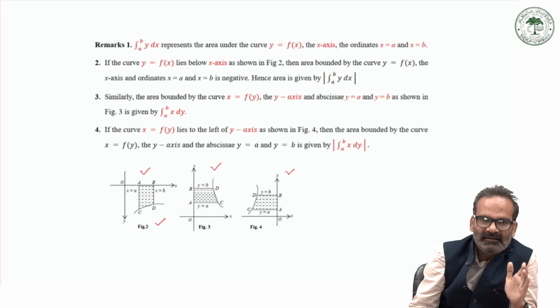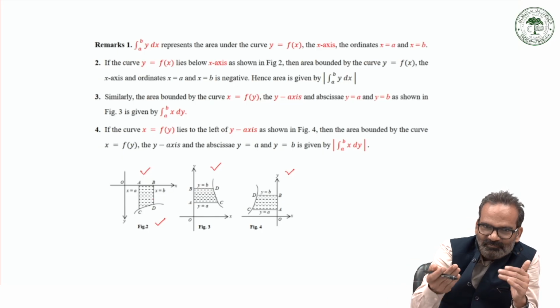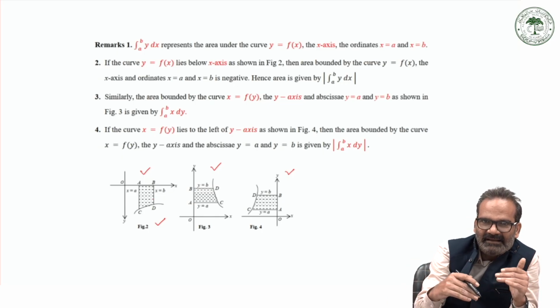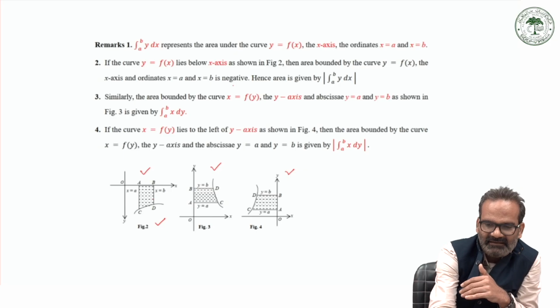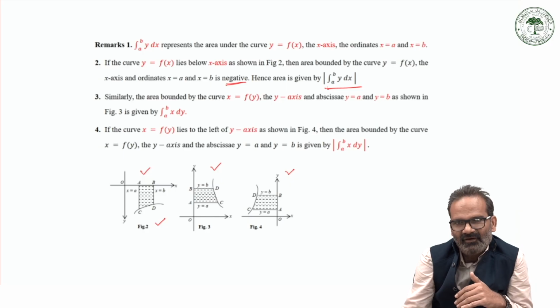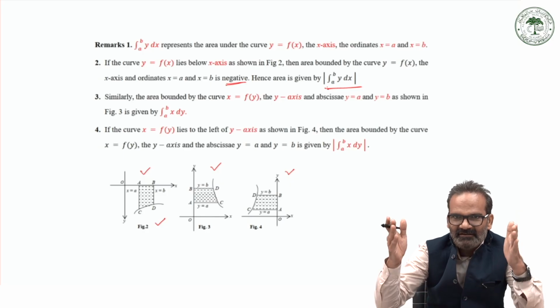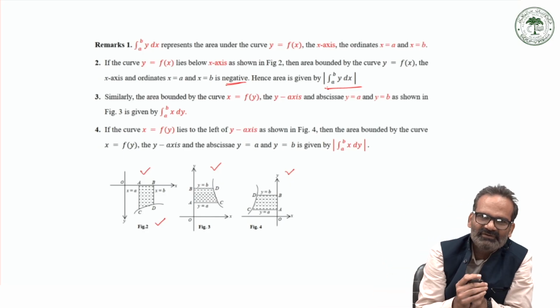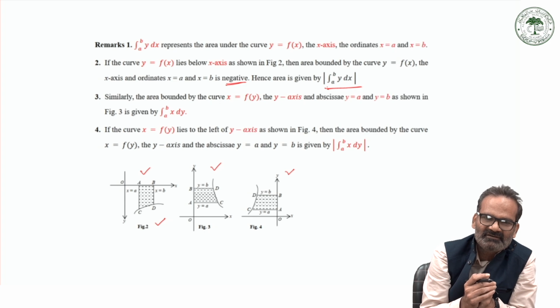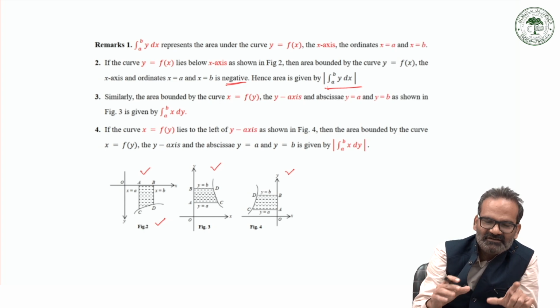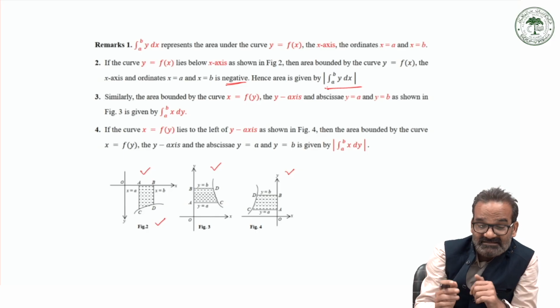Whenever the area lies below the x-axis, the area should be taken as negative. That is why sometimes we use the symbol integral of y dx within the modulus. Modulus, I have told you, is a function which converts every negative value to a positive one. So these are the two cases. What is the third case?